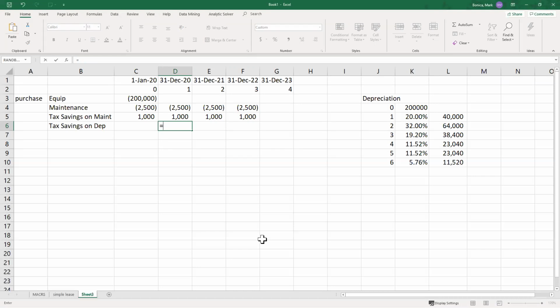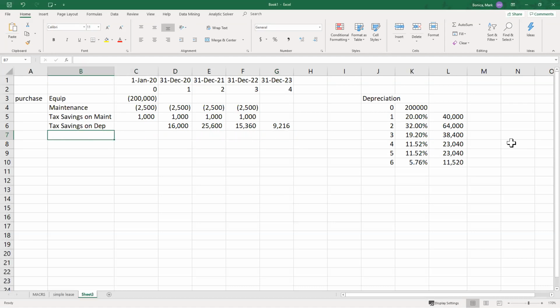So in this case, I'm going to take 0.4 times 40,000. And then here I'm going to take 0.4 times 64,000. And then here 0.4 times 38.4. And here 0.4 times year 4's depreciation. So that's my depreciation savings.